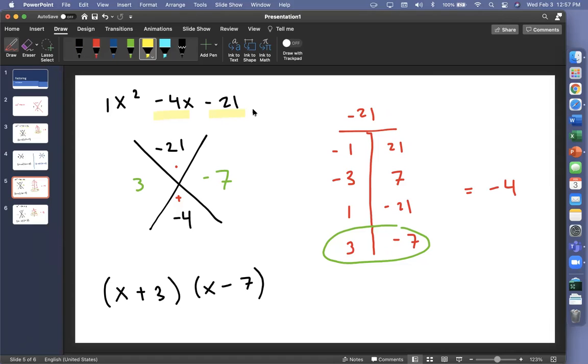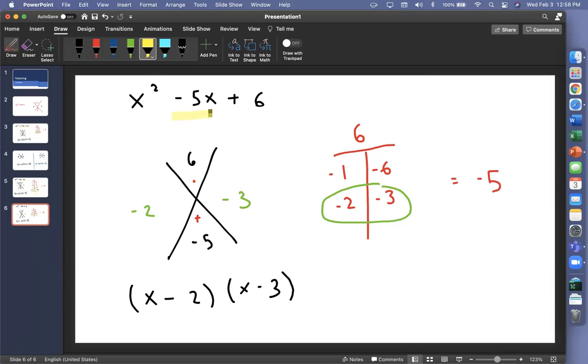That means when we draw our factor tree right here, one of these numbers has to be a negative, or both of these numbers could be a negative. Scenario 3, we have a negative and a positive. So that means both of our numbers have to be negative.